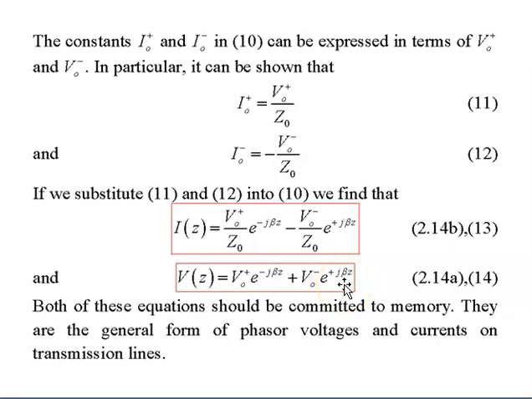These two equations should be committed to memory. They are the general form of the phasor voltage and current on the transmission line.